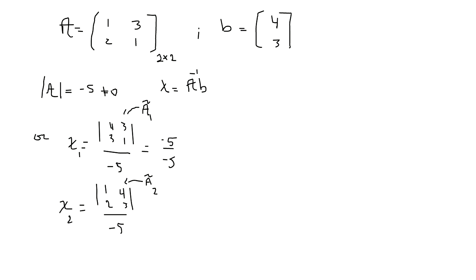The first variable is 1. The second one is 3 minus 8, which is -5 again, over -5. So I have 1, 1. I can see that 1, 1 matches the answer, because 1 plus 3 equals 4, and 1 plus 3.